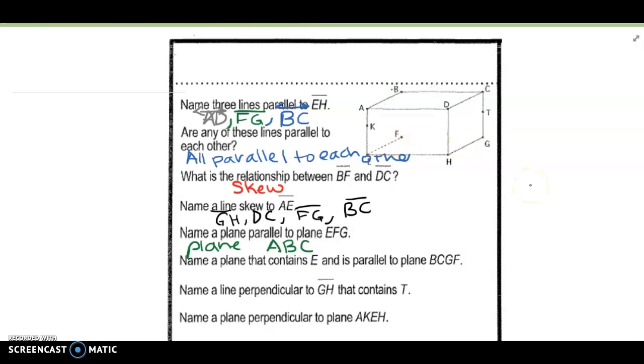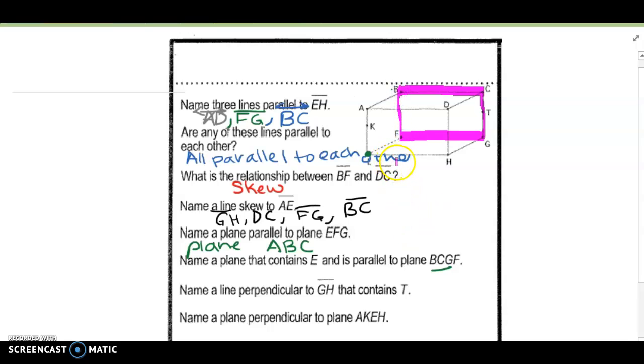All right, so the next question says, name a plane that contains E, so E is right here, contains this point, that is parallel to plane BCGF. Now they only needed three of these points, but that's okay. We'll forgive them this time. So BCGF. So we're looking at this plane right here.